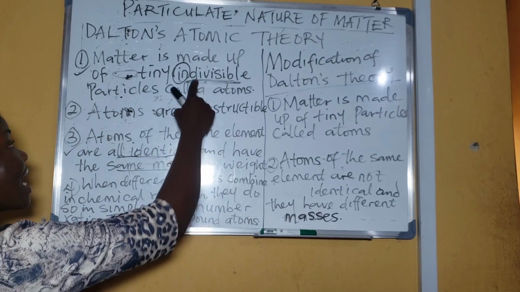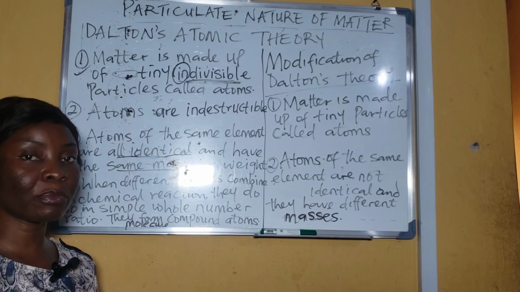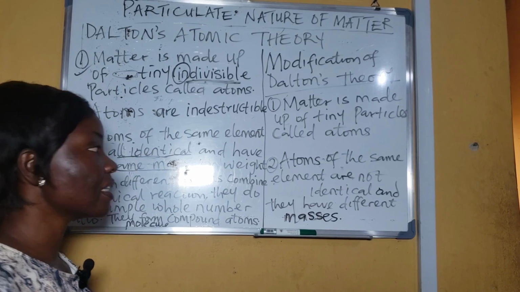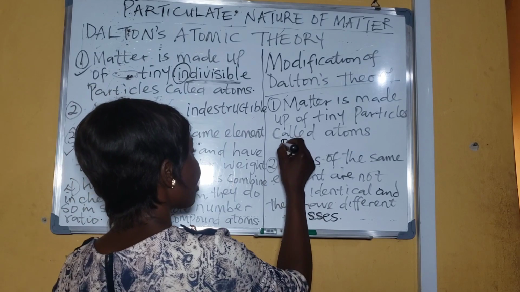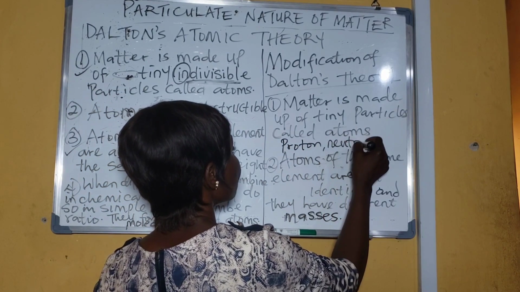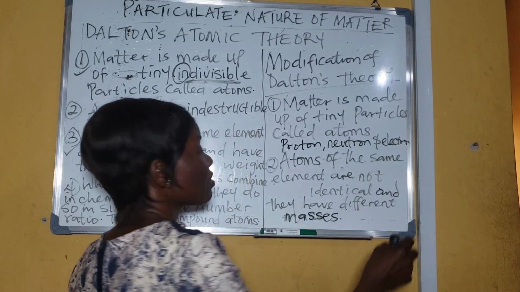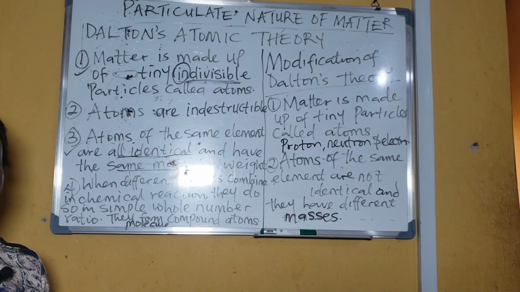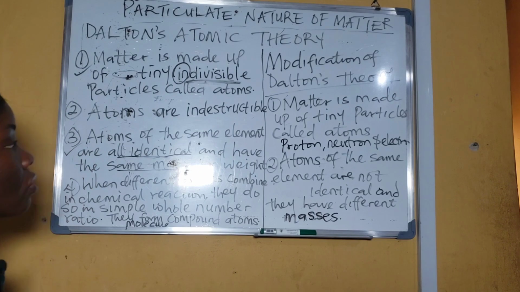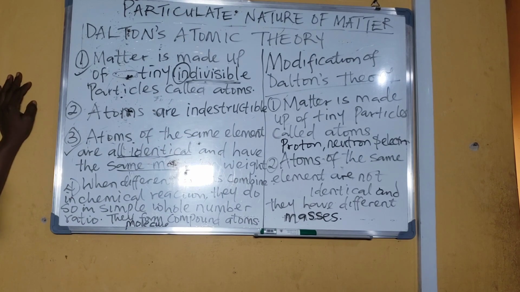But if you insist on adding the word, you will now use divisible. The evidence is that matter contains proton, neutron, and electron. So you see, we can actually divide matter, or an atom. Okay, so the atom is divisible. Because of that, we can now say that matter is made up of tiny particles called atoms.